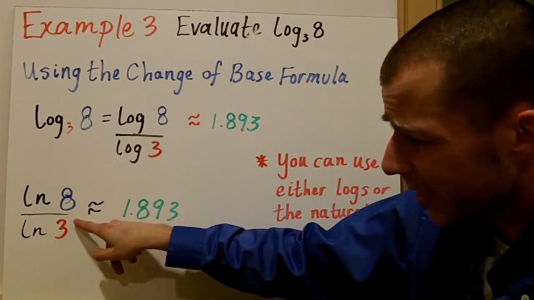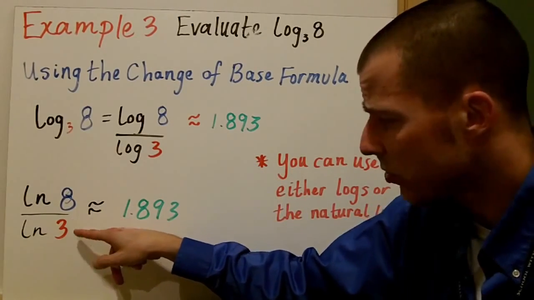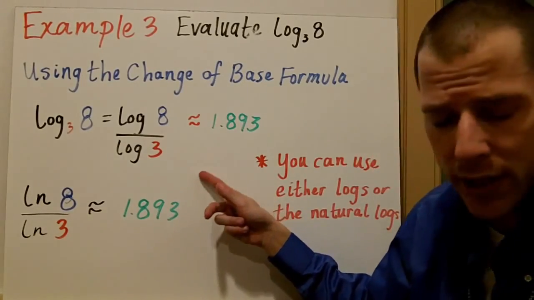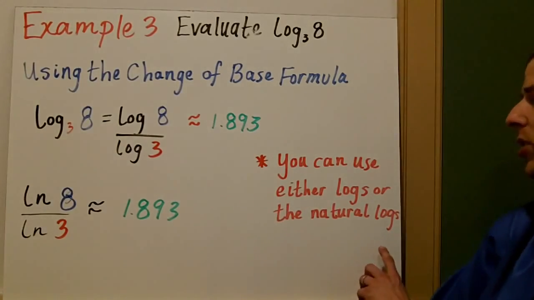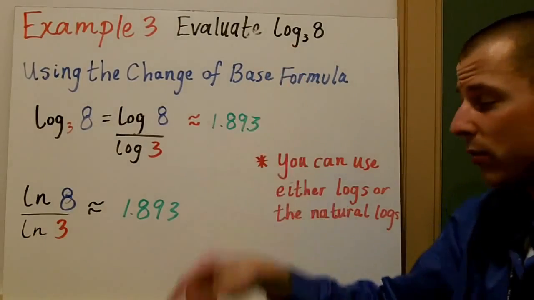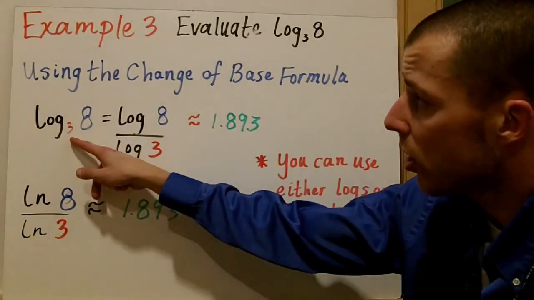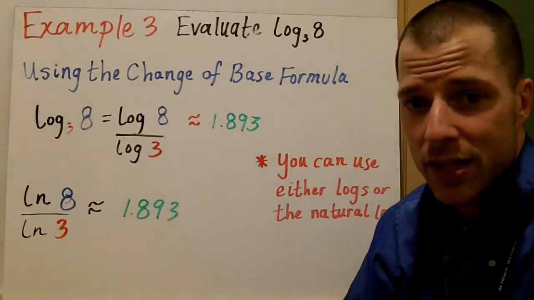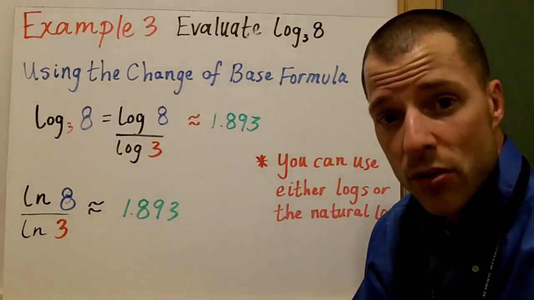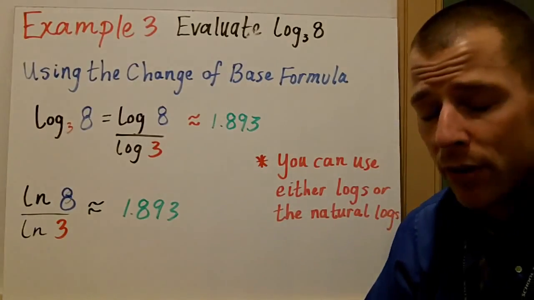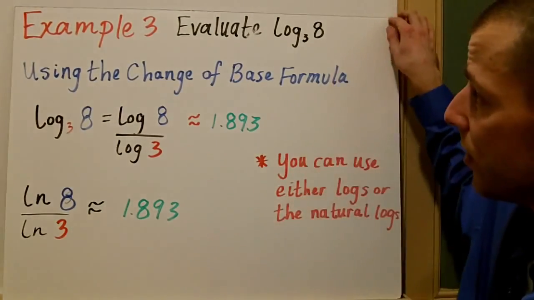Now, as a second part, I just showed you that it actually works for natural logarithm too, and you get really the same expression. It's important to know that when evaluating this logarithm, you can actually use either form, natural log or logarithms, to evaluate a function. It doesn't matter, you're going to get the same result. Most people prefer to use a natural log, but it's up to you.